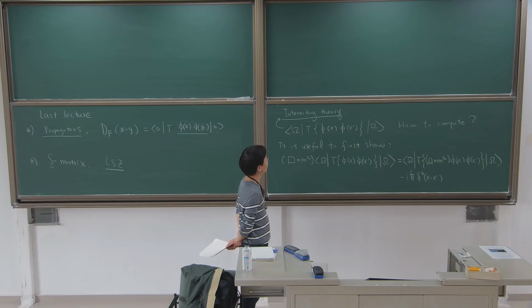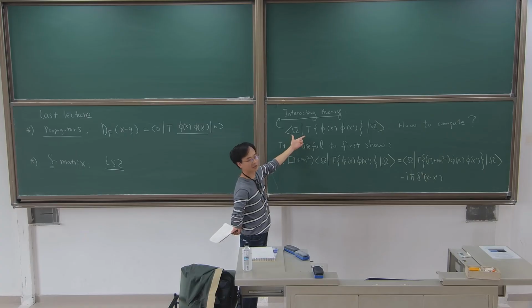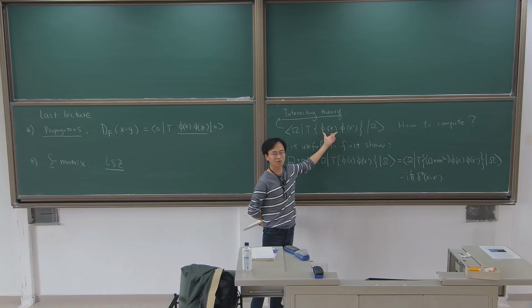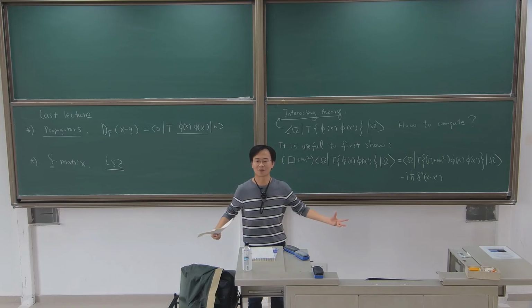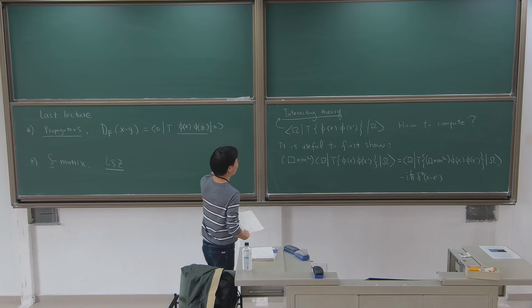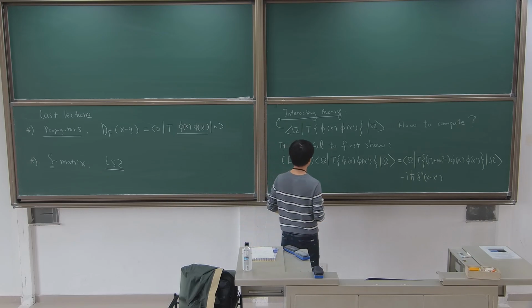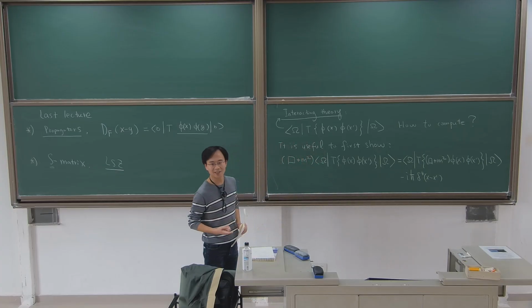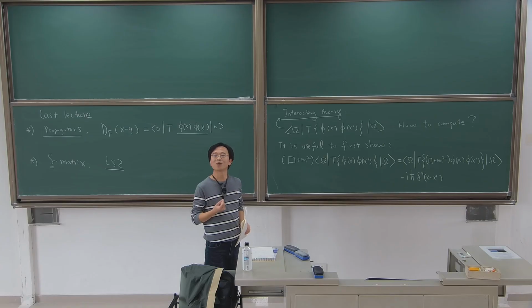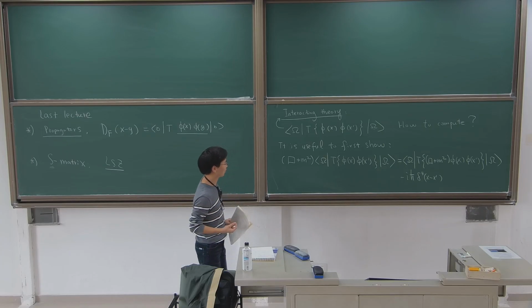Since there is an interaction, there is no simple way, like what we did before, to decompose either this operator or this operator into some diagram and just use some simple commutation relation to get the result. It's not true. We choose some other approach. So what is that approach? We try to use the method we already used in the second lecture.